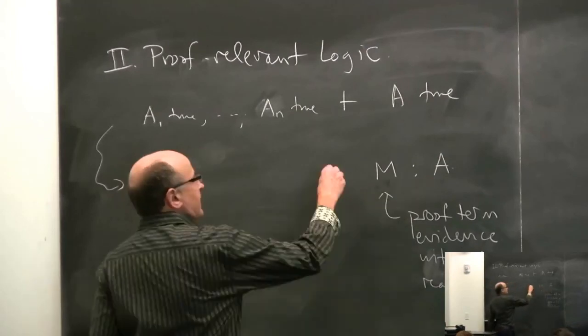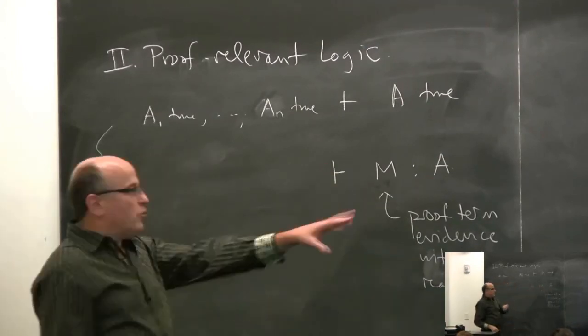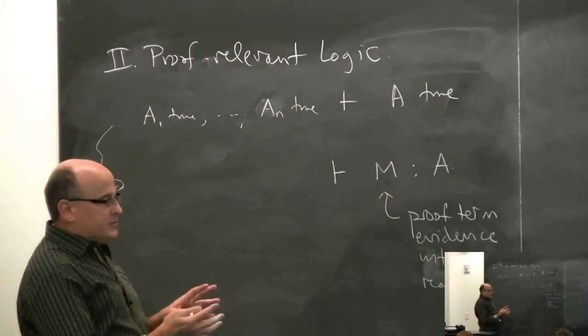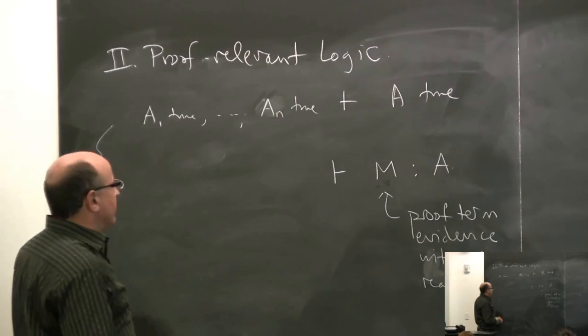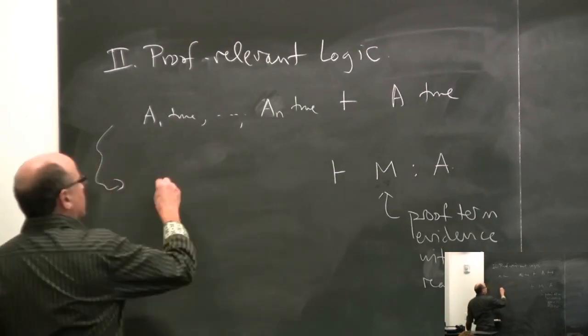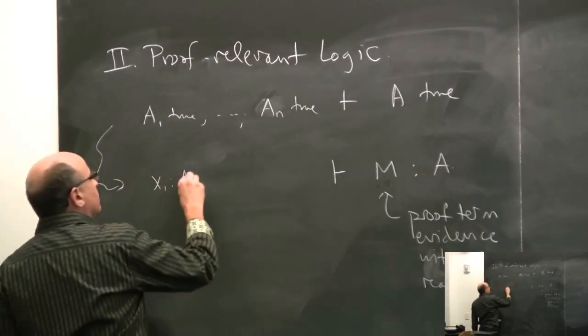I'm going to write down a syntax for it because I've gotten you to the point where we want to analyze the structure of proofs, and so now let's just write down what they are so that it makes it easier to do that. Corresponding to the assumption is the concept of a variable.